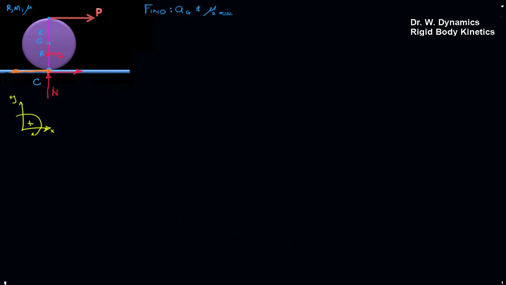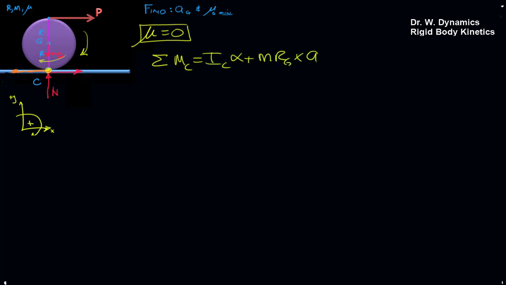To understand what's really happening down here with this friction force, let's have mu be 0. Let's have no friction, and let's see what happens to this wheel in the case of no friction. I think it'll be clear that when you pull on it, the wheel is going to slip in some fashion here. And as a result, our equation, sum of the moments about C, is I_C alpha plus m r_G cross a_C. That's not 0. We don't know what that is, so let's avoid that equation.